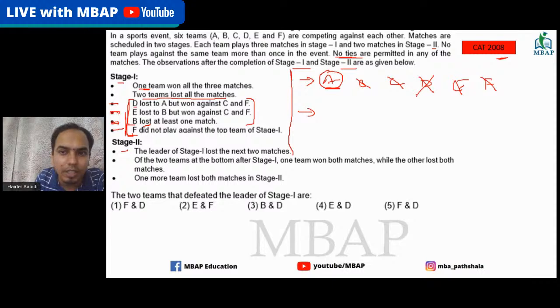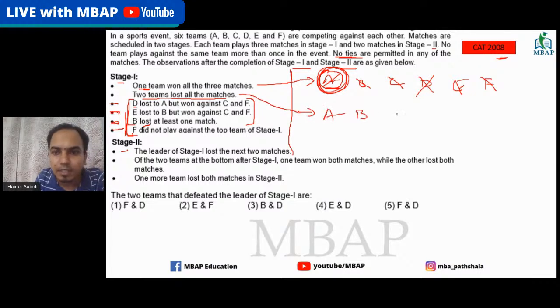I'm putting a cross again. A has obviously won, so it has not lost all the matches. So, not to confuse you, let me put A, B, C, D, E, and F.